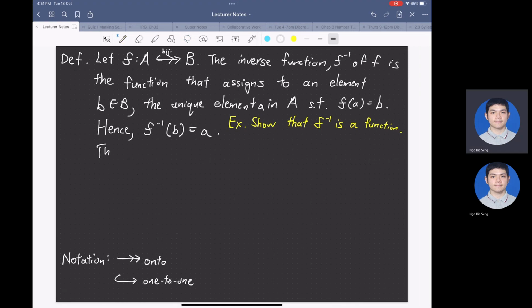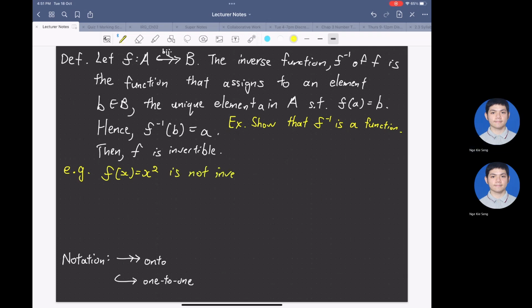Then we call that f is invertible. For example, f(x) = x squared is not bijective, right? So in particular, it's not invertible on R. Why?